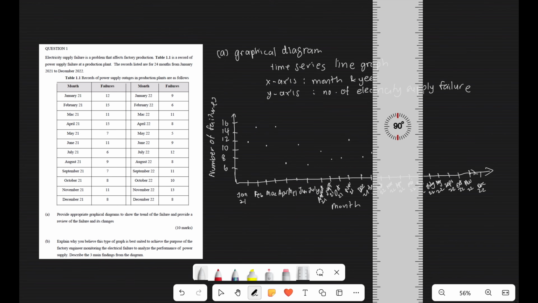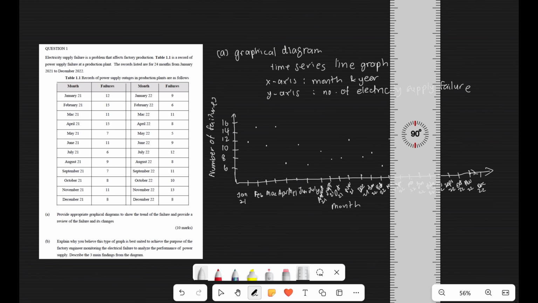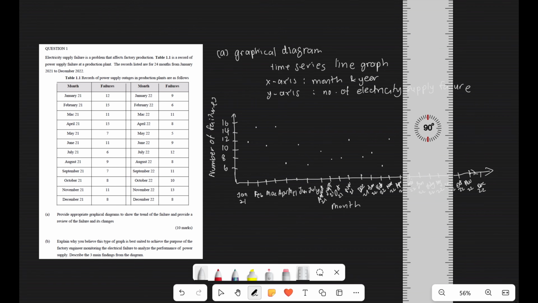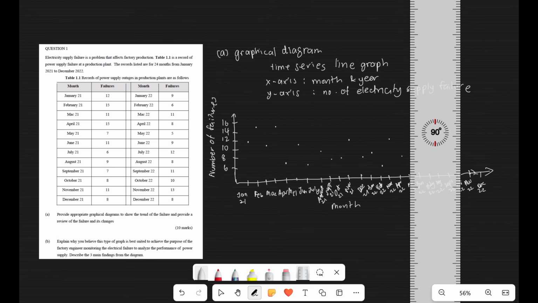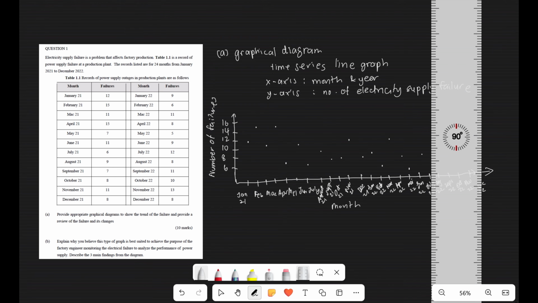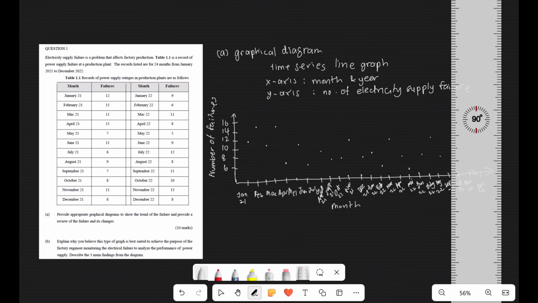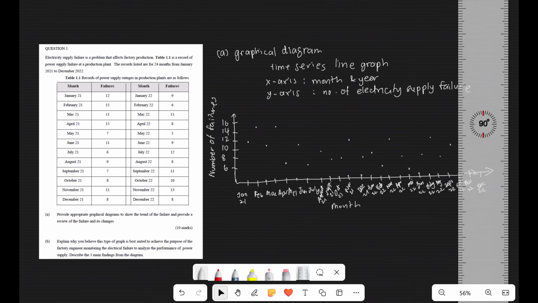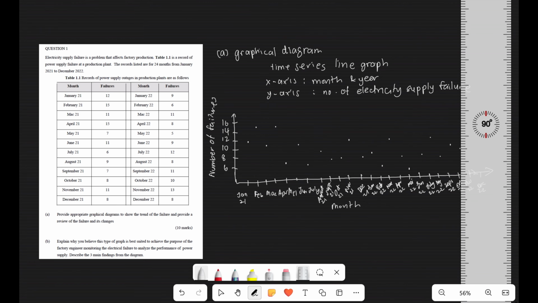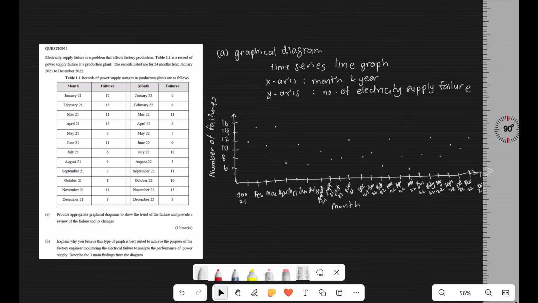Nine, 6, 11, 8, 5, 9, 12, 12, 8, 11, 10, 13, and lastly it's 8.